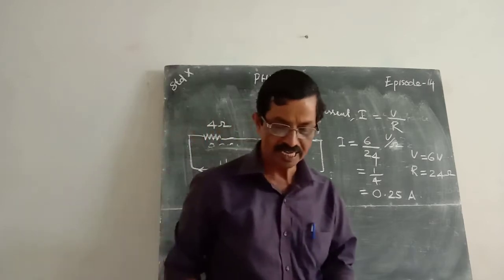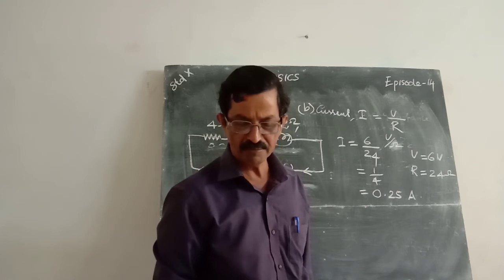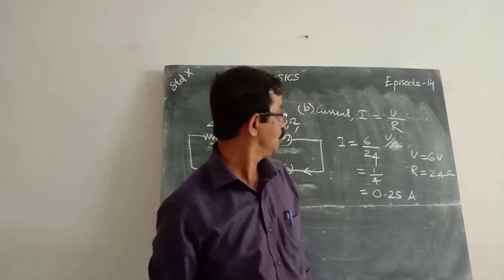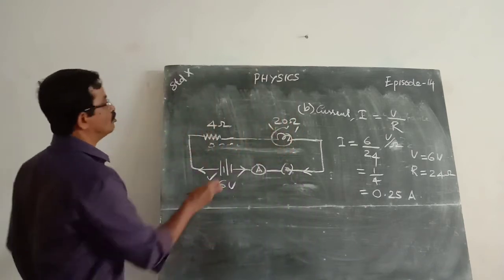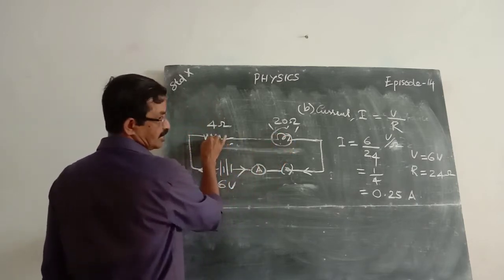Now the question C: the potential difference across the electric lamp and the conductor. We want to find out the potential difference across this lamp and also this conductor.